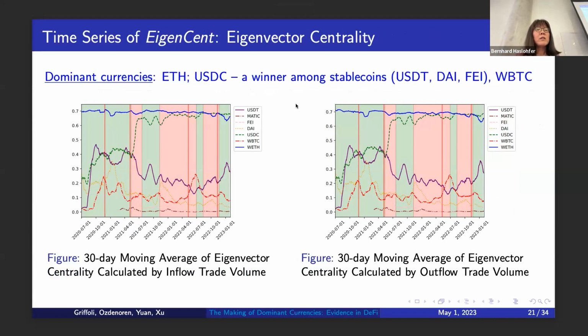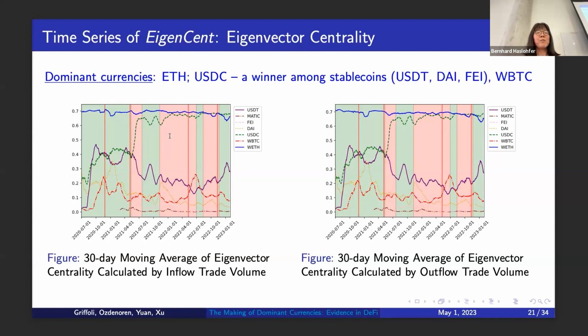This is the time series graph of eigenvector centrality. From the eigenvector centrality perspective, this is not a volume share. This is an importance, influence score. Given the network structure, you don't see much ETH being challenged.